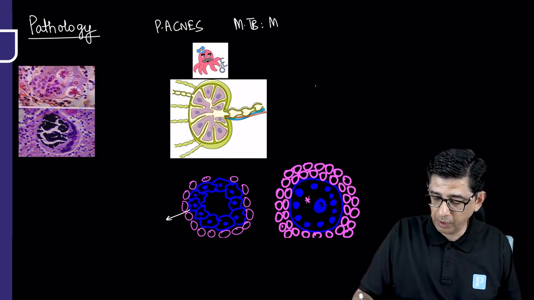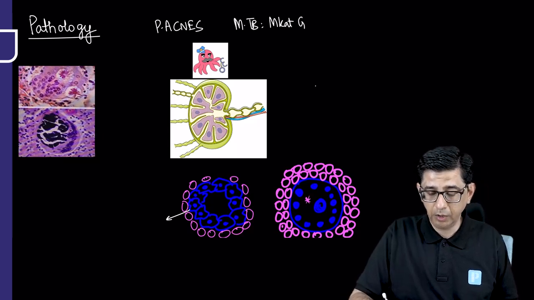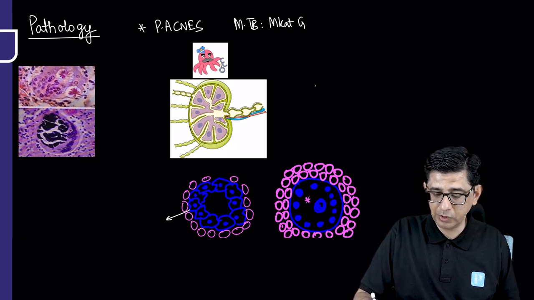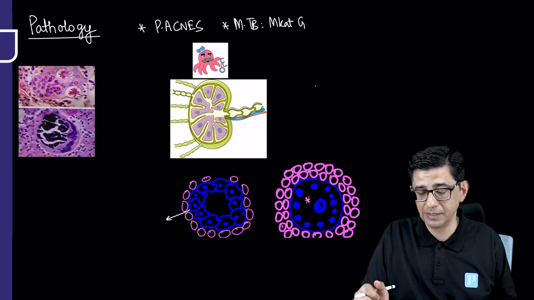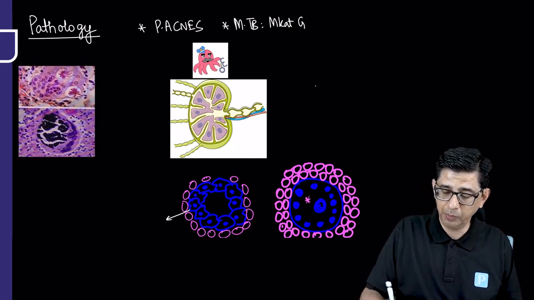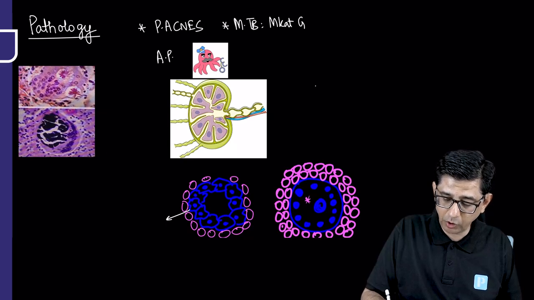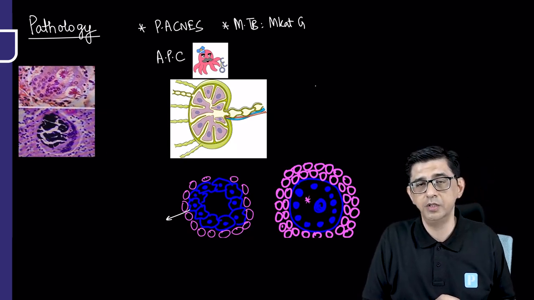There's an antigen by the name of MCAT-G. The second antigen which has been incriminated in causing the development of sarcoidosis is from a bacterium by the name of Propionibacterium acnes. Now these antigens would be processed by APCs. So this octopus shown here symbolically is the representation of antigen presenting cells.